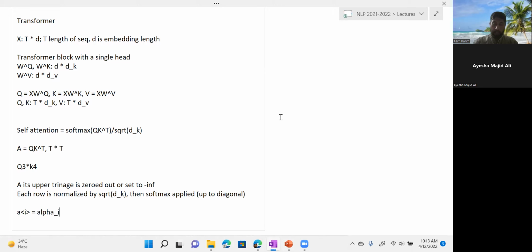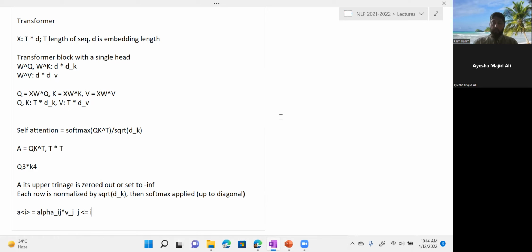Alpha_ij into, of course, alpha is a scalar, v is a vector, v_j, and of course, since we are talking about a causal or backward looking transformer, j is always less than or equal to i.